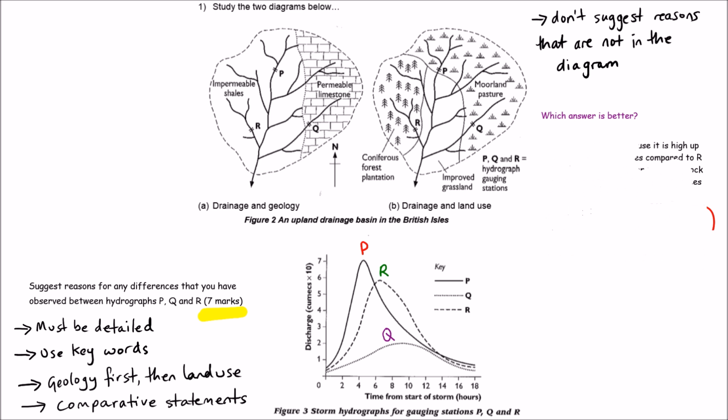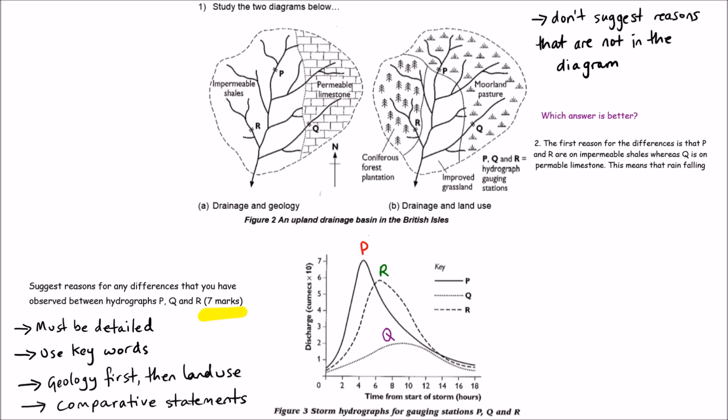So let's have a look at another answer. This student has said the first reason for the differences is that P and R are on impermeable shales, whereas Q is on permeable limestone.